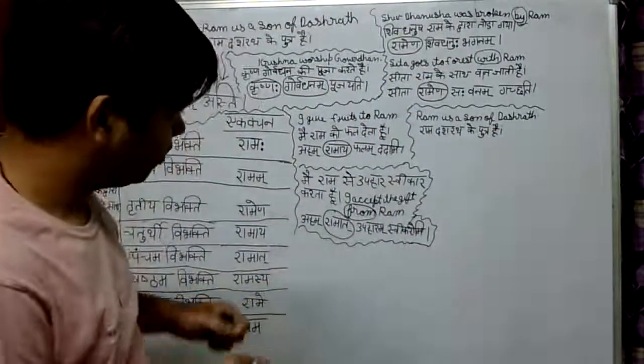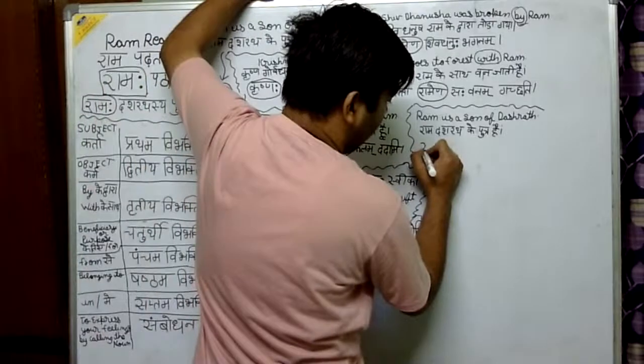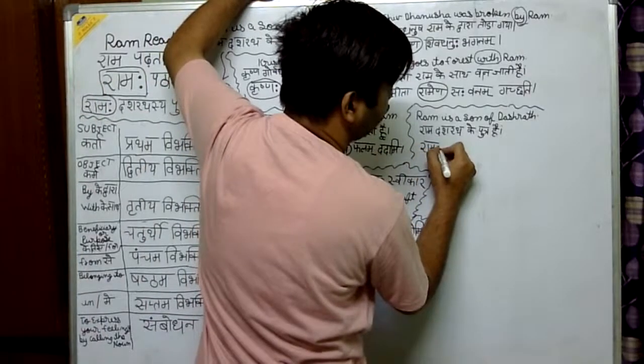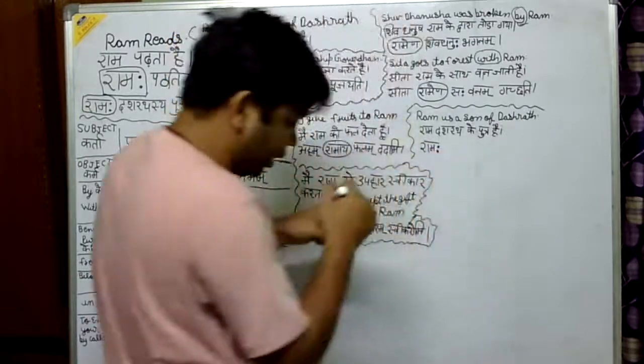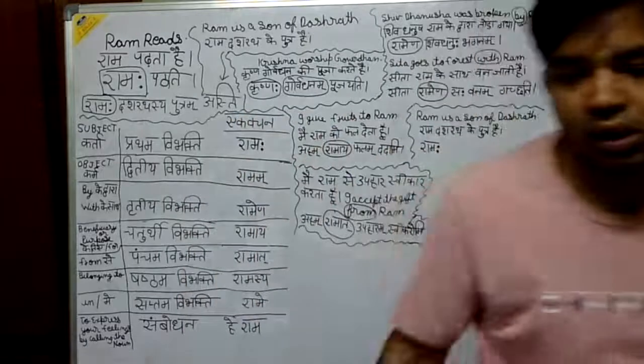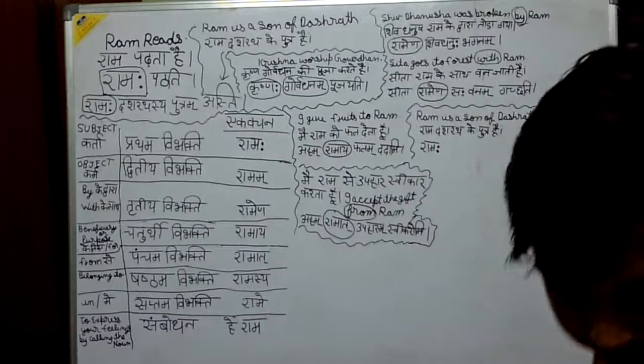So Ramah, and whose relationship are we denoting here? Dasharath. We are denoting the relationship of Dasharath with Ram.